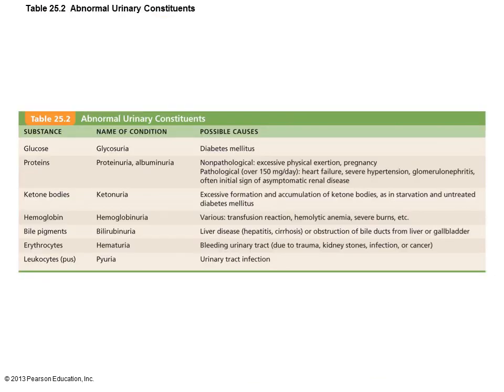This slide shows abnormal urine constituents. Doctors evaluate what's in the urine to see whether the kidney is functioning right, to look for signs of disease or assess renal function.